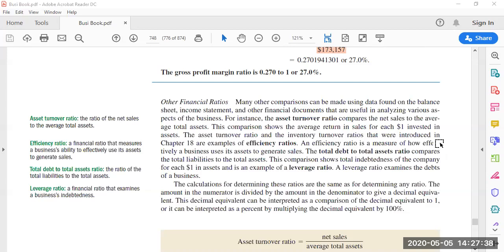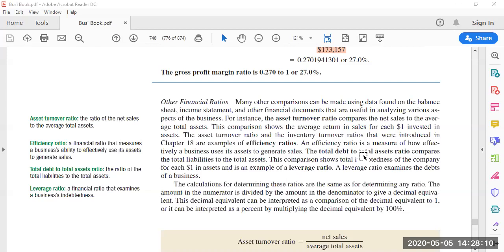So if you knew that you needed to create a table 2 feet by 4 feet, then you want to make sure that the product you purchase, your assets, are cut in these types of measurements so that you don't have much waste. You want to be efficient. That's just a quick example of efficiency: assets being used efficiently in the process of creating your products. So, how effectively you use your assets to generate sales.